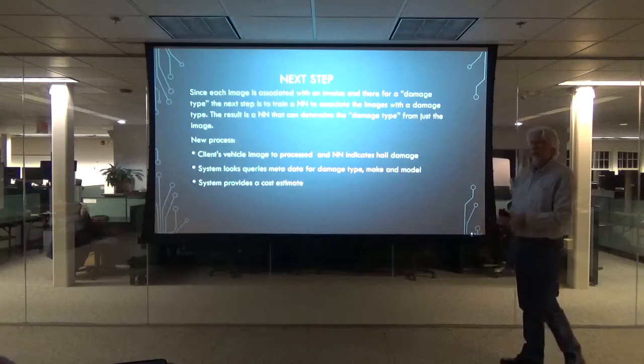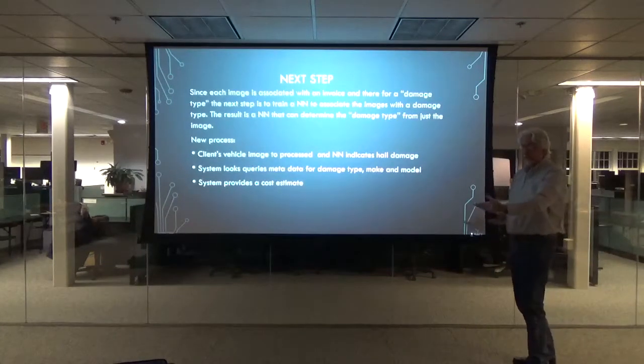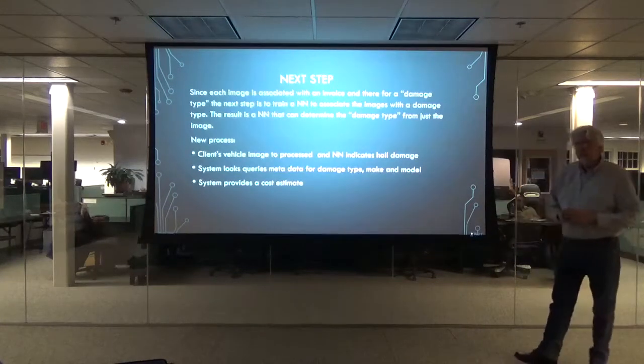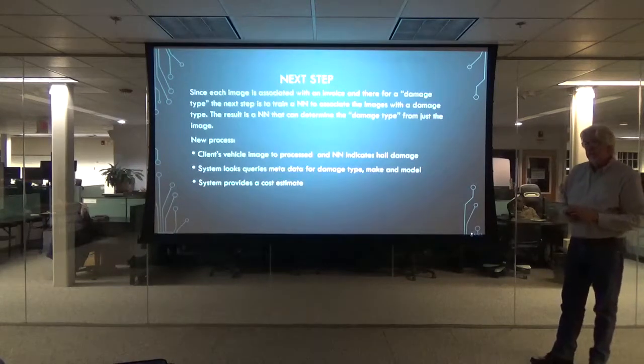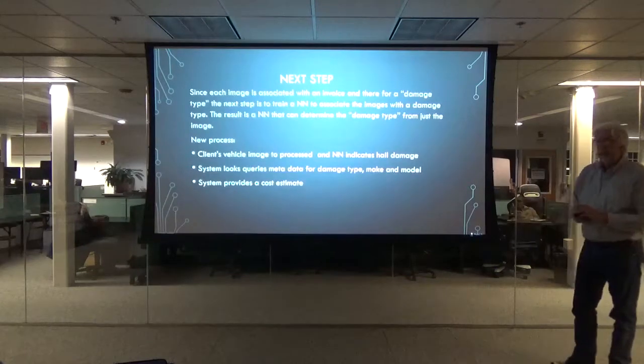So what will happen then is it will learn, and if you had enough of them, eventually if you gave it a picture of a thing with hail damage or bumper damage, it would be able to say, that's what this is, based off of what I've seen. It's relatively easy to do that with TensorFlow. I just haven't had a lot of time to do it yet.